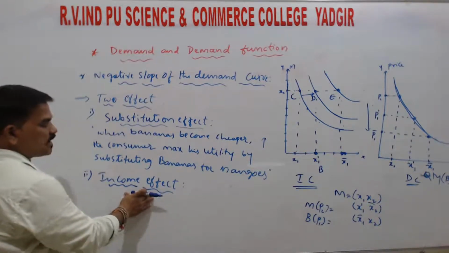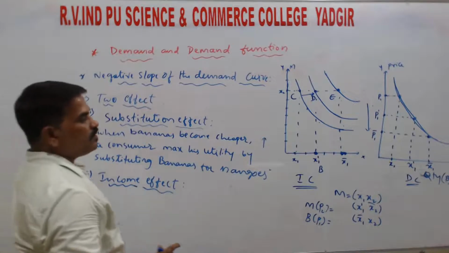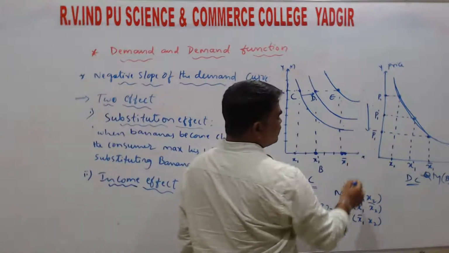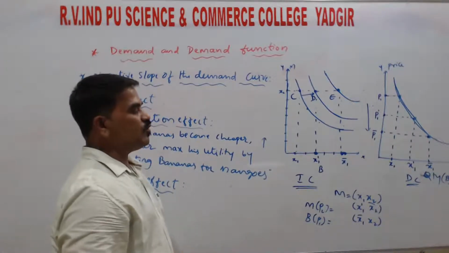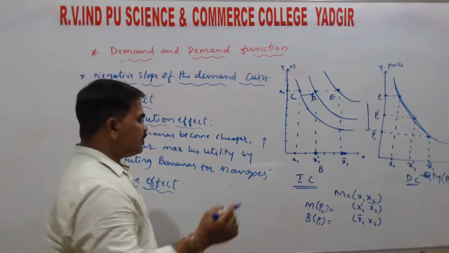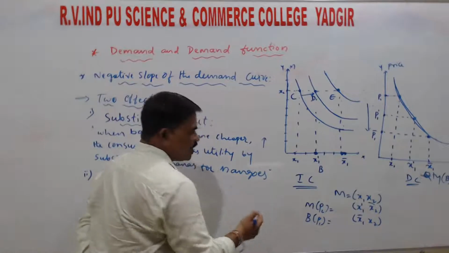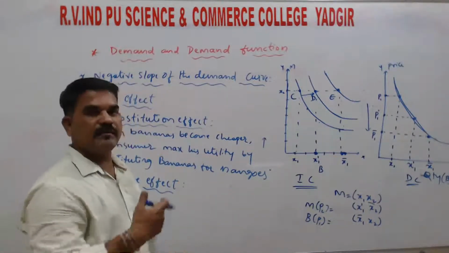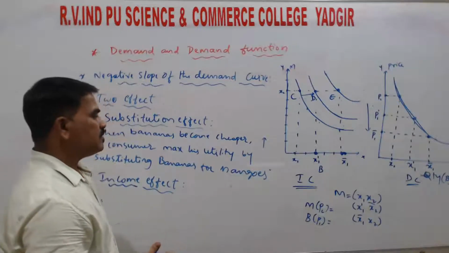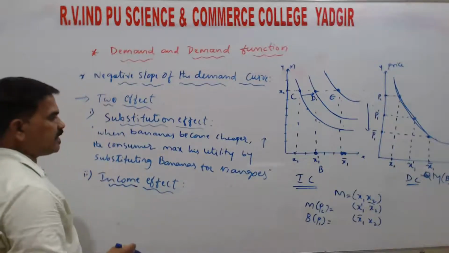Then what do we mean by the income effect? When there is a reduction in the price, he has the power to purchase more goods. Correct? When the price of any particular good reduces, his purchasing capacity increases. He can buy more and more goods. That we call the income effect.